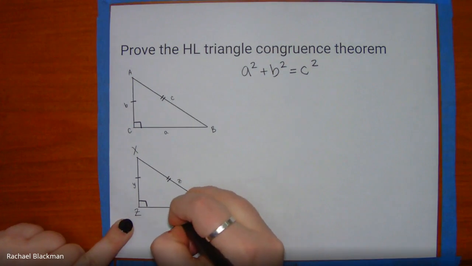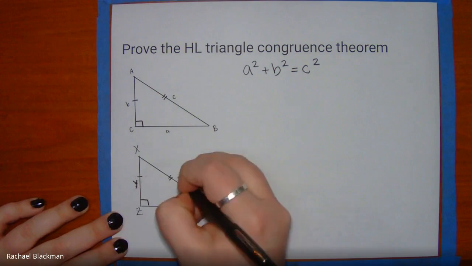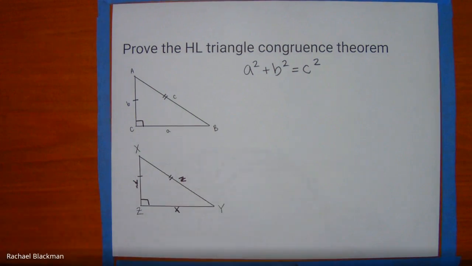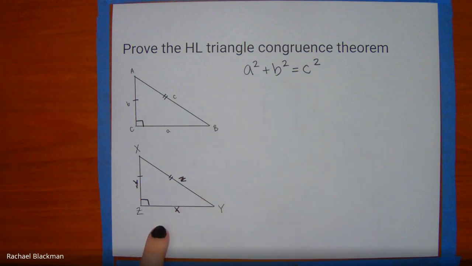And that's an X. Sorry, and that's a Y, and that's a Z. We just want to set up another equation, kind of like this, but for this triangle. So what would we write?